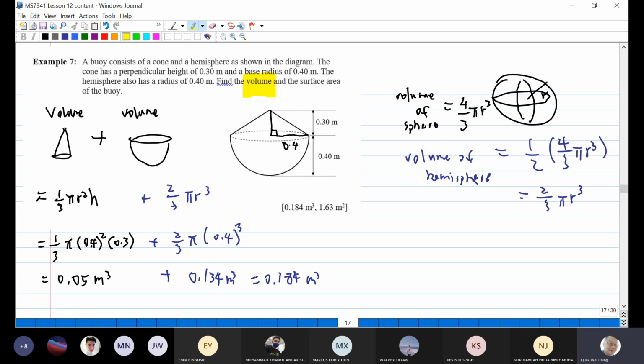Now part B, you're going to find the surface area, which is harder.